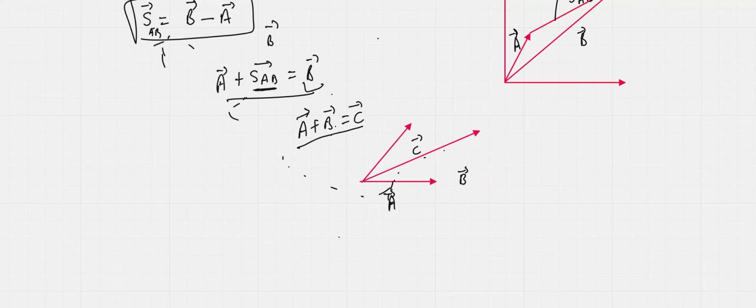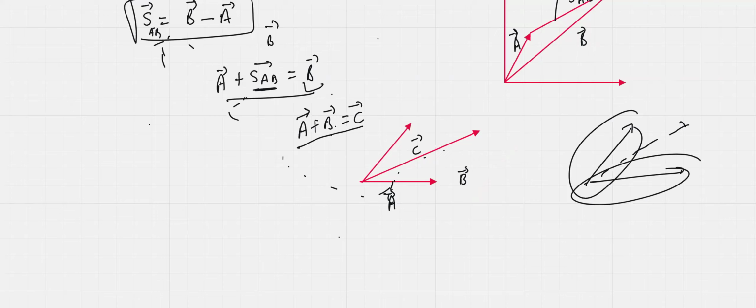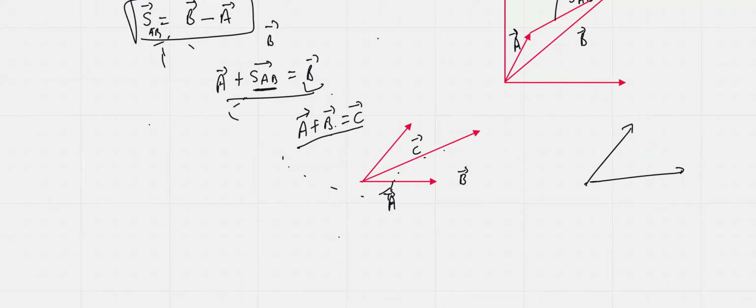So you must have got the simple thing that if this vector comes out to be the resultant of this and this vector, then this is what we call a resultant vector. I will remove all this because we will study this as a part of the resultant vector.